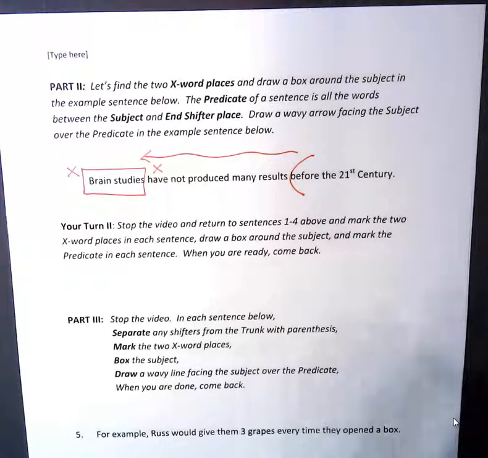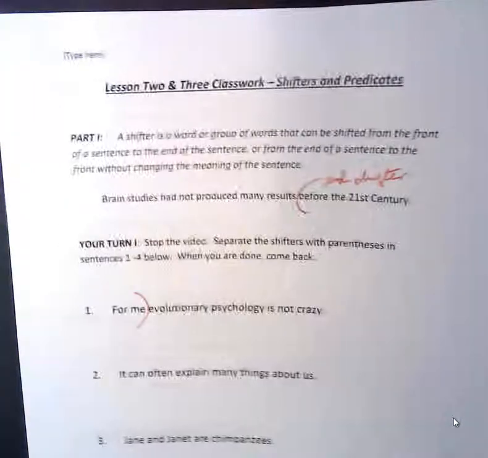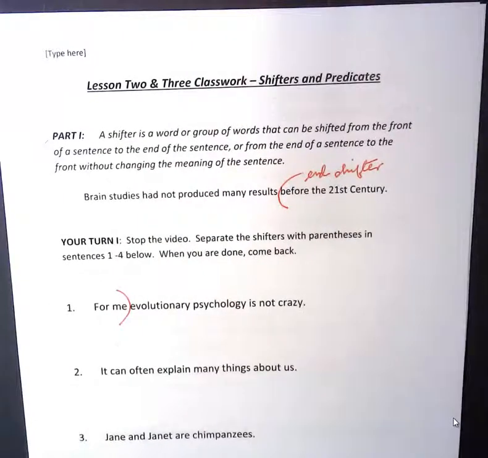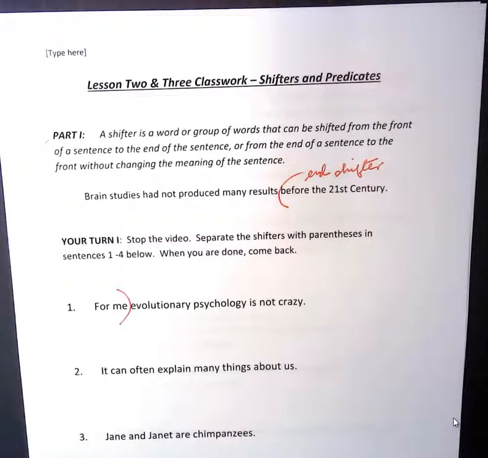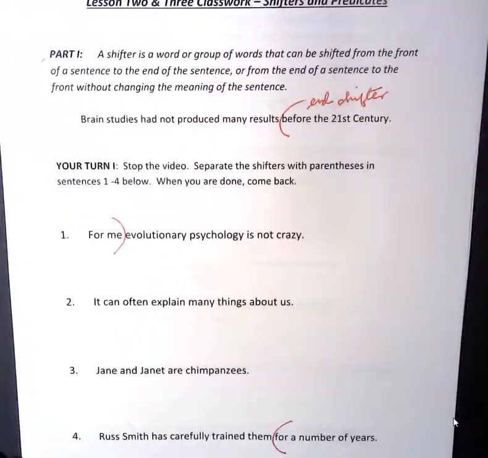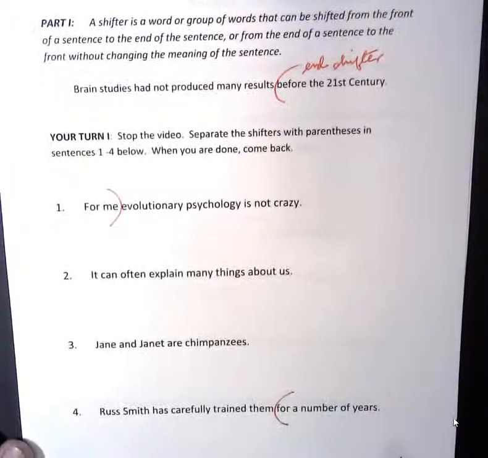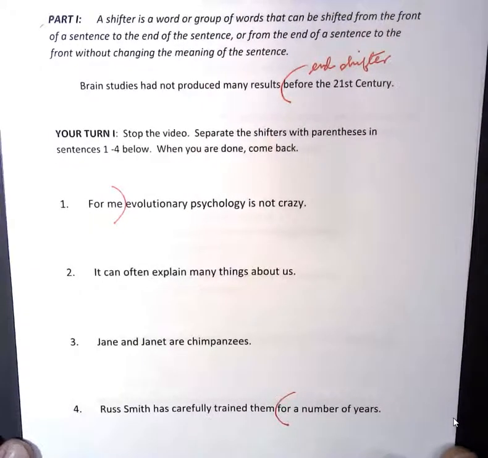Please stop the video, go back to sentences 1 through 4 above, and mark the 2 X word places in each sentence. Box the subject, and then draw a wavy arrow over the predicate, and when you're done, come back. Let's take a look together.